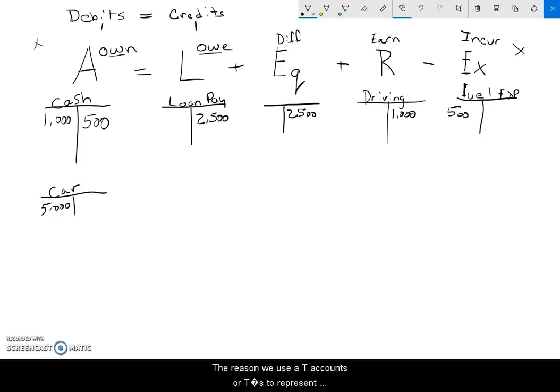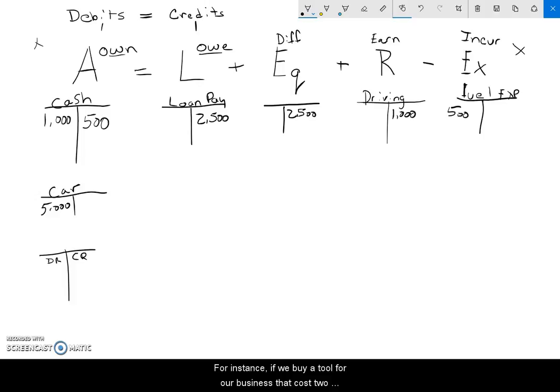The reason we use T accounts, or T's, to represent accounts is because a T has both a debit side and a credit side. So if we were to trade one asset for another and only affect the left side of the accounting equation, we would be able to keep the whole equation in balance because we could debit and credit our assets.